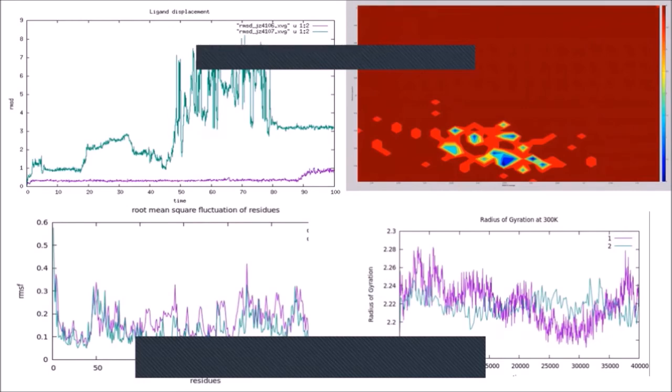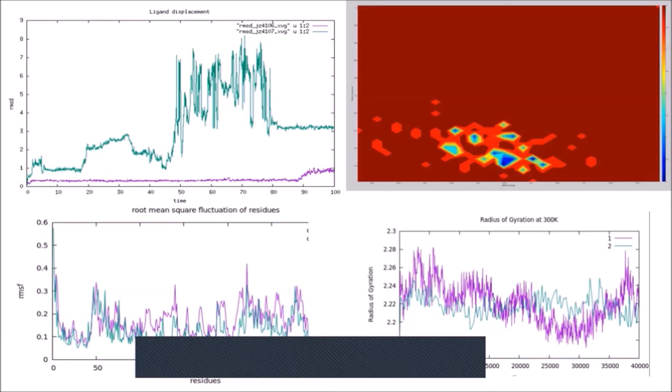Okay, so we've been talking about the complex of ligand and protein. Suppose the ligand is bound to a protein and inhibiting some other targets. What is their interaction like? One way to calculate that is the distance between the ligand and the protein. In a dynamic system, if you simulate for, let's say, around 100 nanoseconds, it's not going to stay in the same place all the time, right?